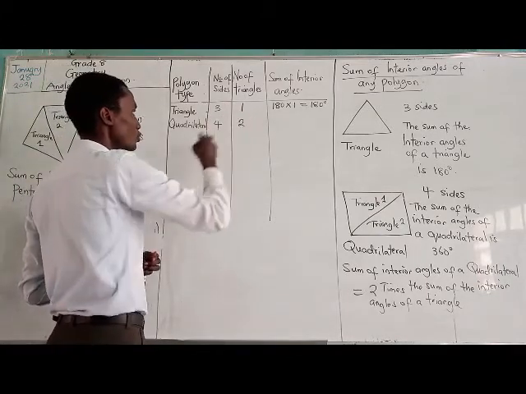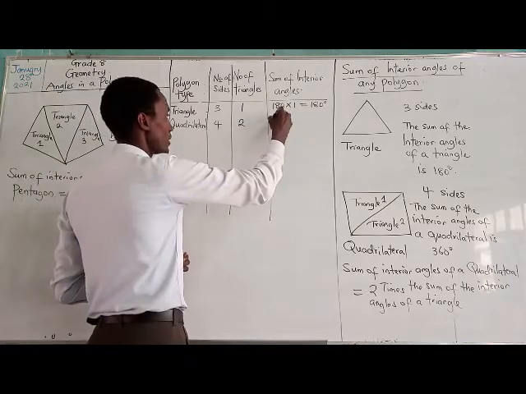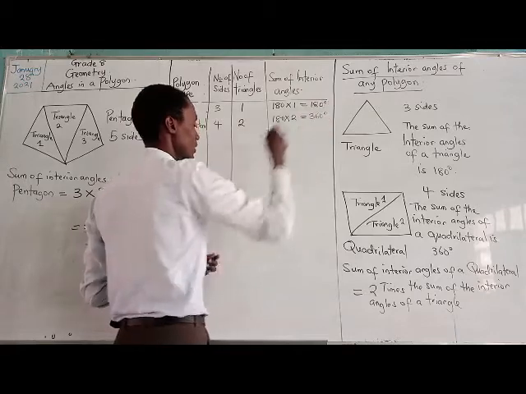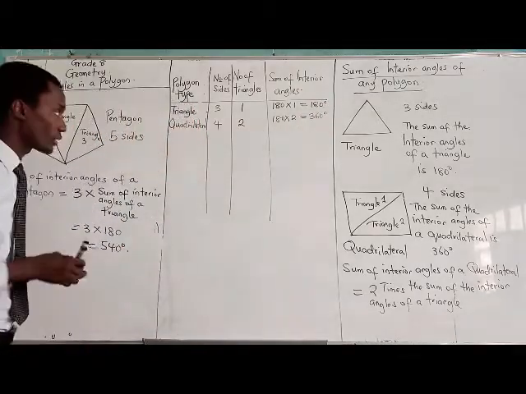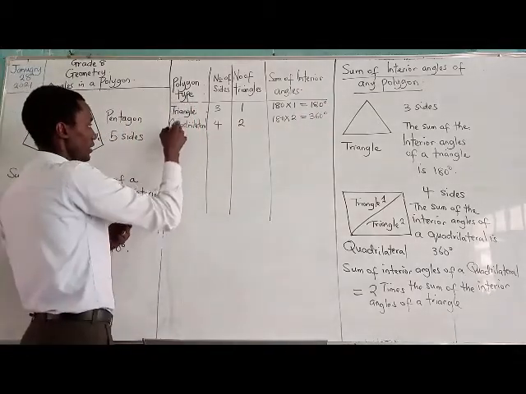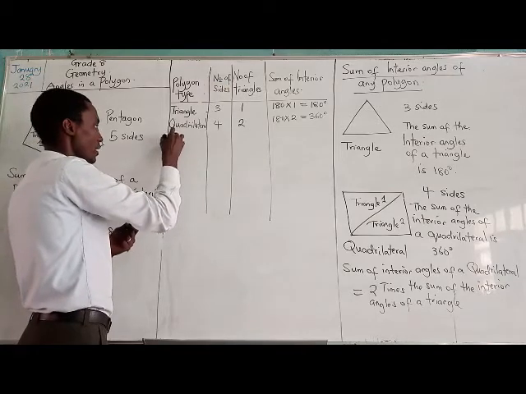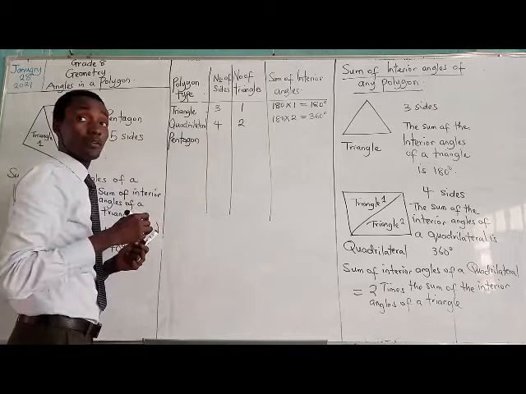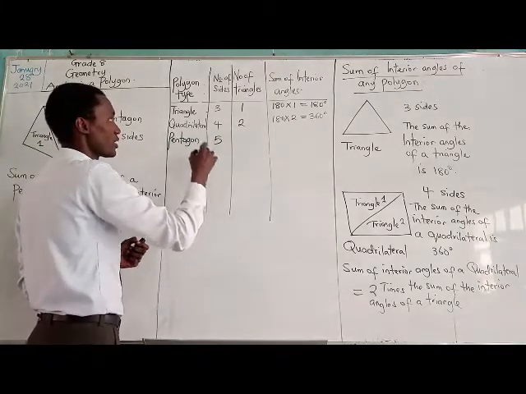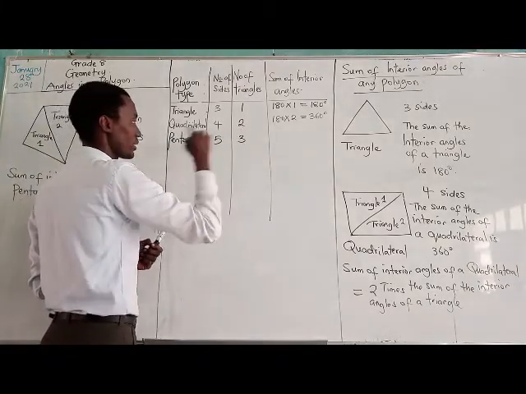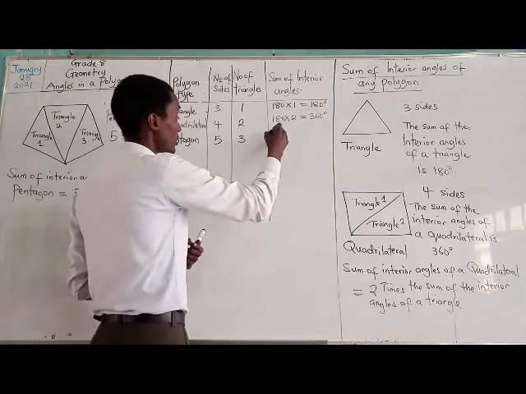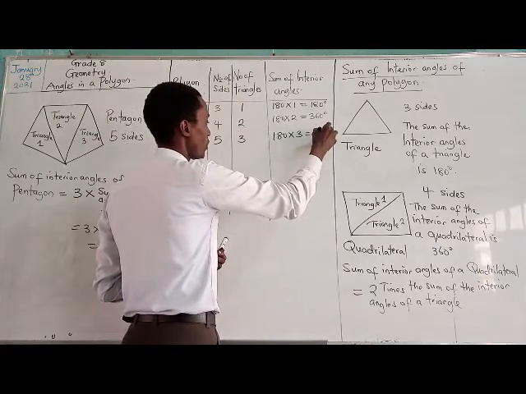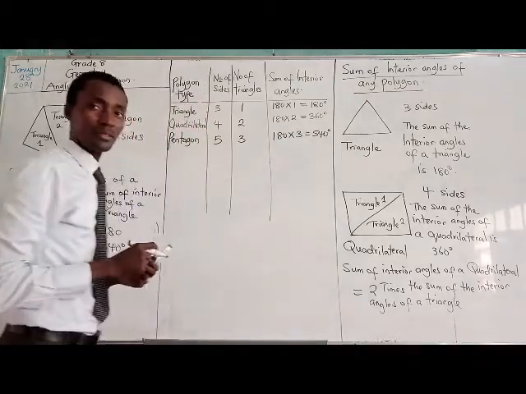Number of triangles 2. 180 times 2, that will be 360 degrees. Number 3, pentagon. Number of sides will be 5. Number of triangles will be what? 3. The sum will be 180 times 3, that is 540 degrees.